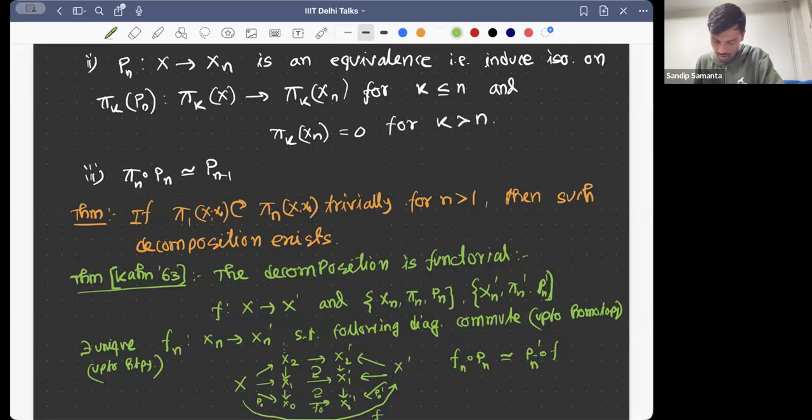The other thing that this decomposition satisfies is that it takes the k invariant of one decomposition to the other decomposition. So what's the k invariant for such a Postnikov decomposition?